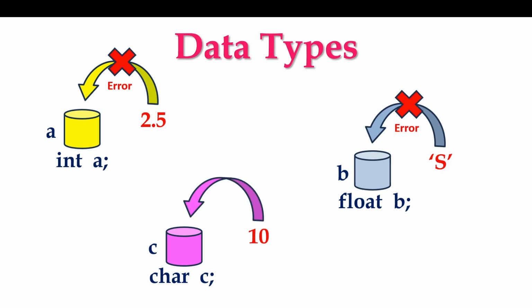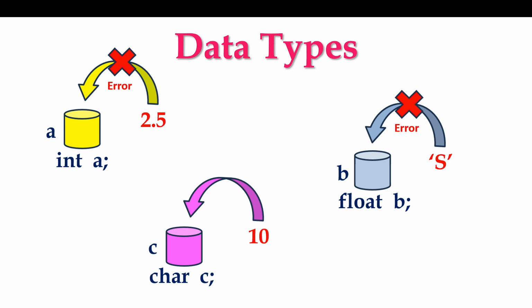Okay, and as well as you can see the third scenario. Third container is C and which is of type char. And if I want to store the value 10, it is a number because it is not in single quotes. Just remember, 10 is a number, it is not a character.